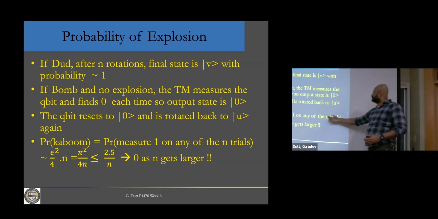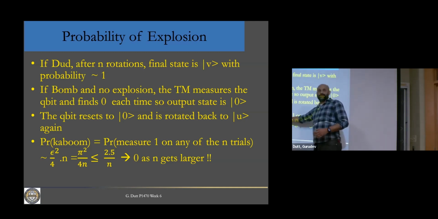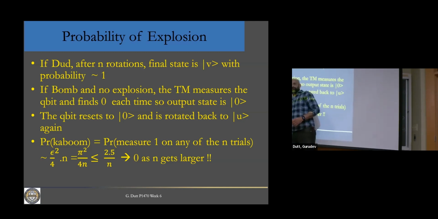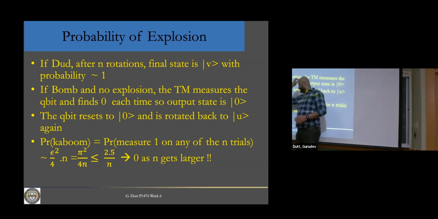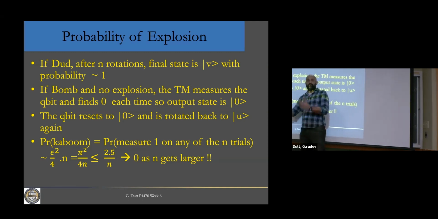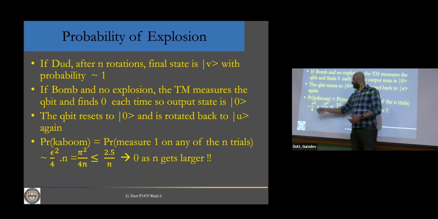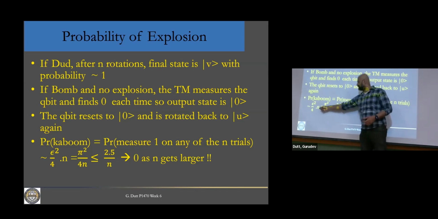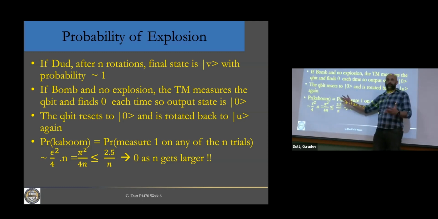So same thing. If I measure the probability of this explosion, then epsilon squared over 4 is the probability of one event that there is an explosion, times n, the number of times I repeat. But epsilon is pi over n. So this goes as pi squared over n squared times n, so pi squared over 4n. But pi squared over 4n is basically 2.5 over n, approximately.